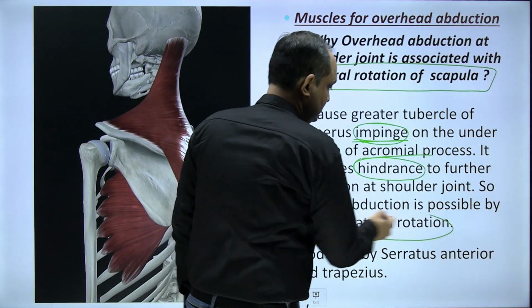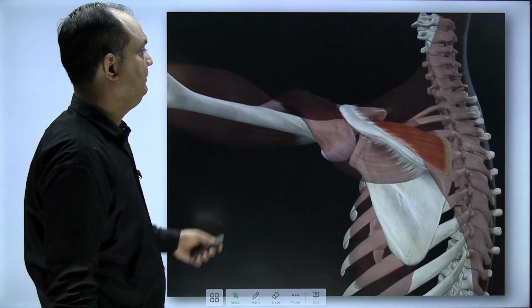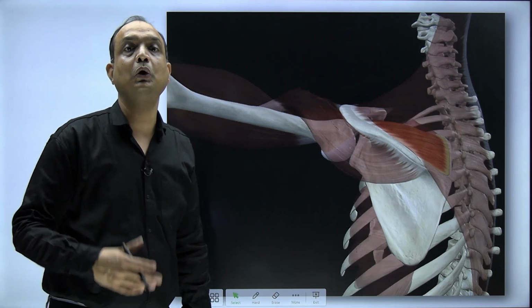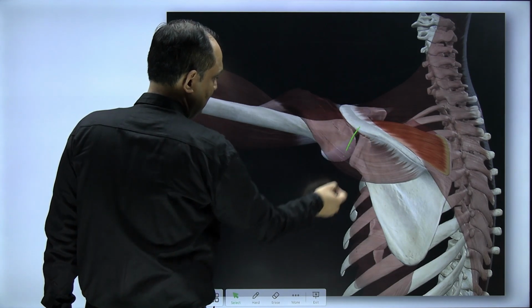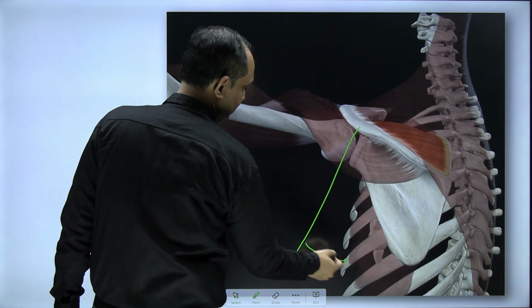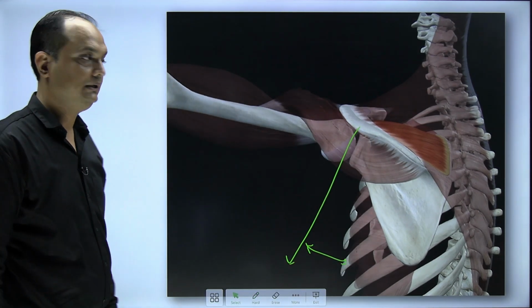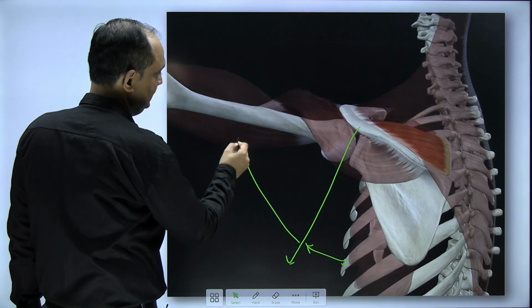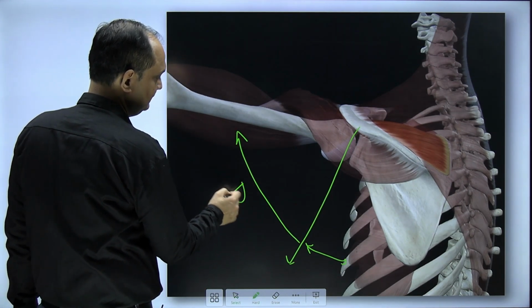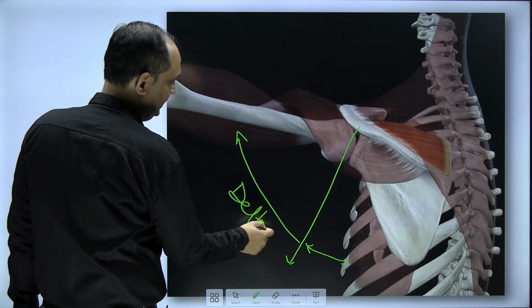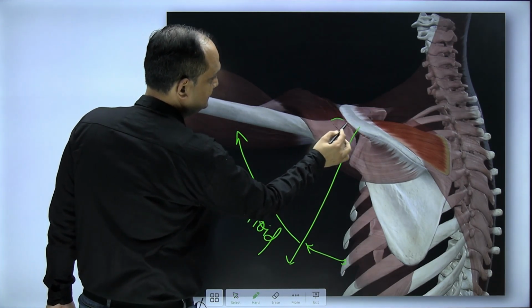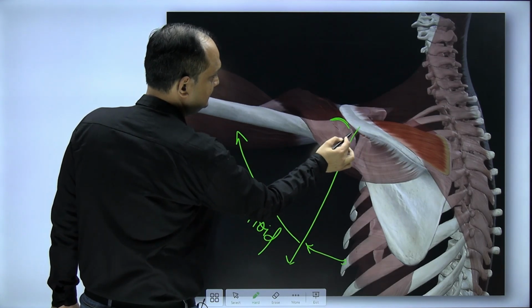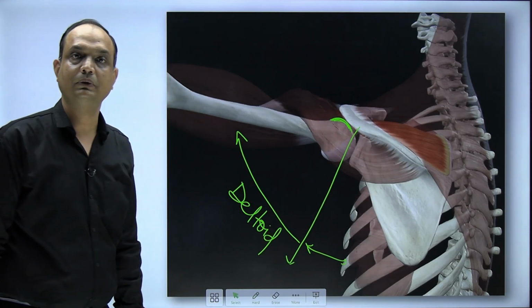For that, you can see this image here, which will make this clearer. When you have abduction, I have told you that up to 15 degrees you have the supraspinatus, then up to 90 degrees you have the deltoid muscle. Once you reach this 90 degrees, you can understand that this is the lateral part, or you can say the greater tubercle of the humerus.